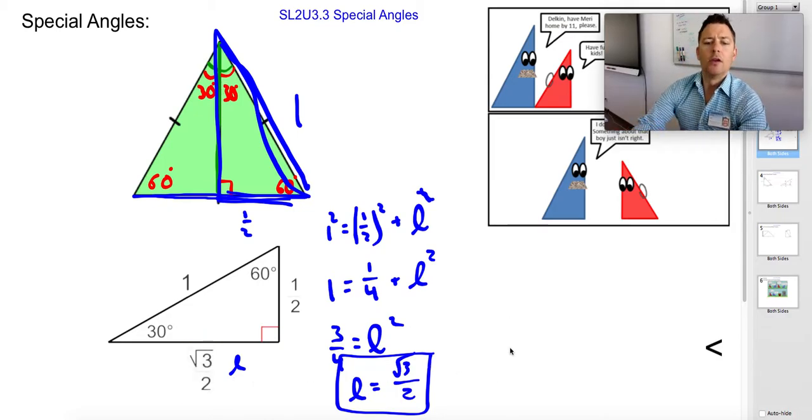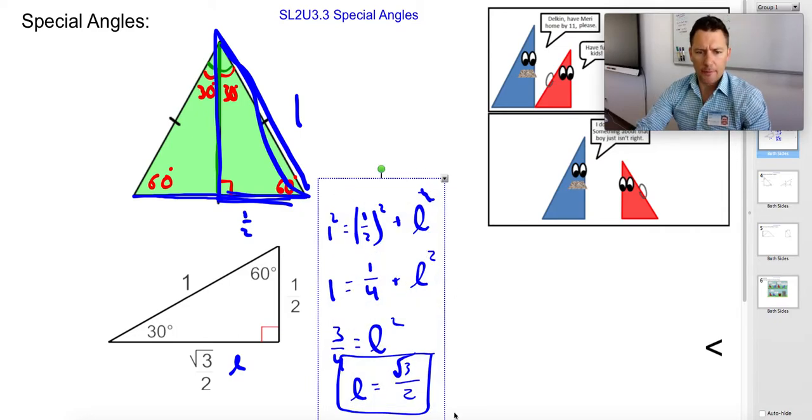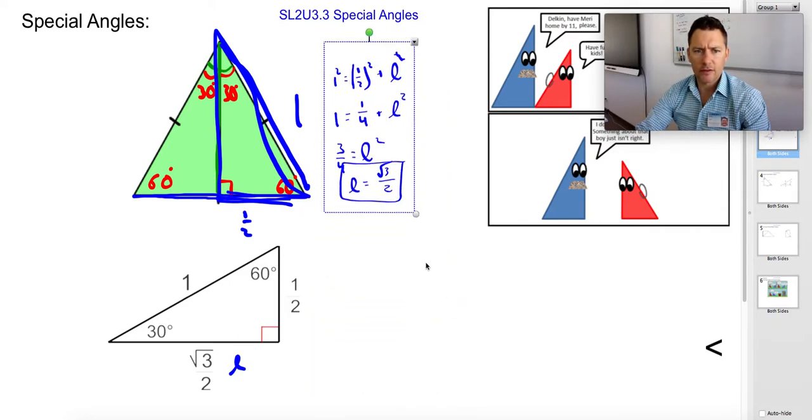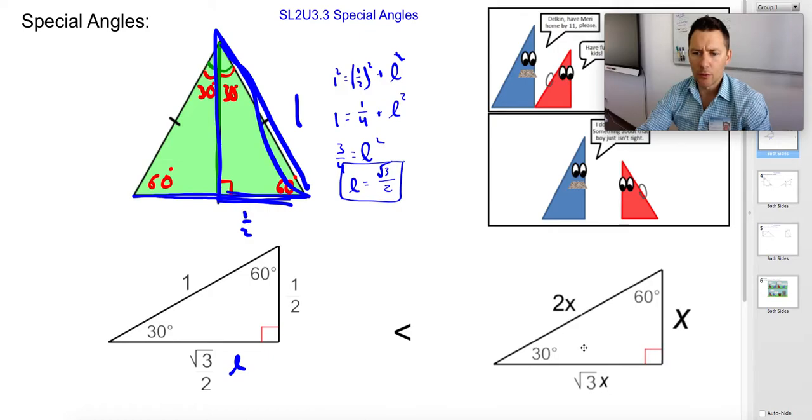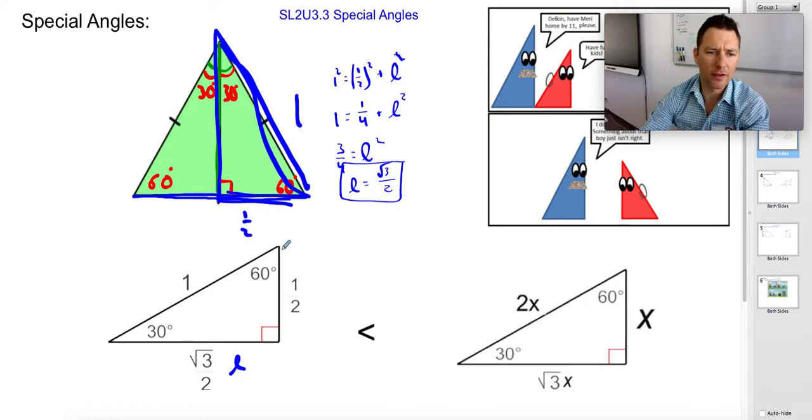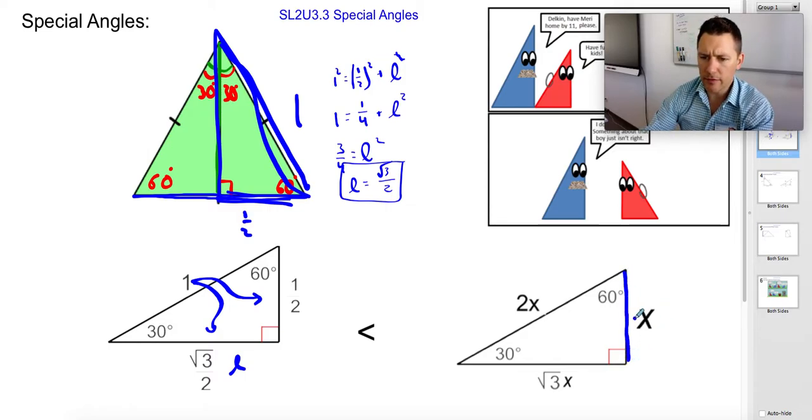So, doing the same sort of thing as we did previously with the 45-45, this is nice to go from a 1 as the hypotenuse and figure out each piece. But sometimes it's easier to think about this as the unit. From the short side to the hypotenuse, you take the short side and multiply by 2, so 2 times the short side gives you the hypotenuse.